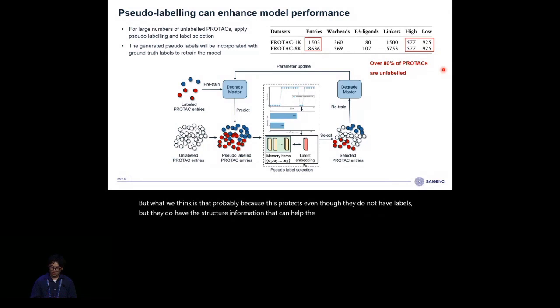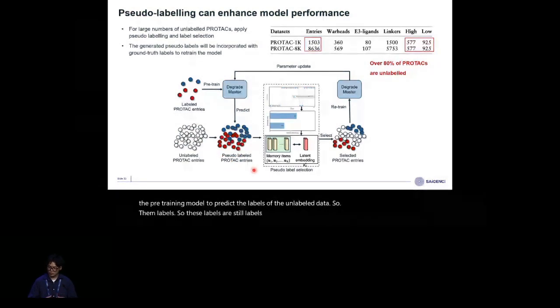So here we design a pseudo-labeling strategy. The basic idea is, first, we use the labeled PROTAC entries to pre-train our DegradeMaster model. Then we use the pre-trained model to predict the labels of the unlabeled data. So we give them labels, and these labels are pseudo labels. But we are not going to use all these pseudo labels.